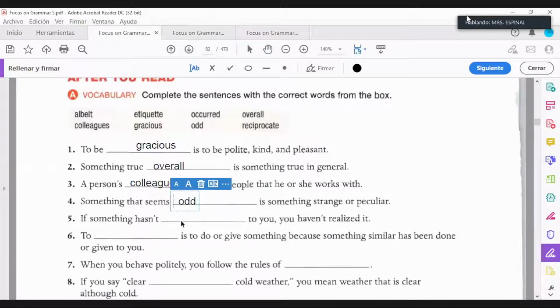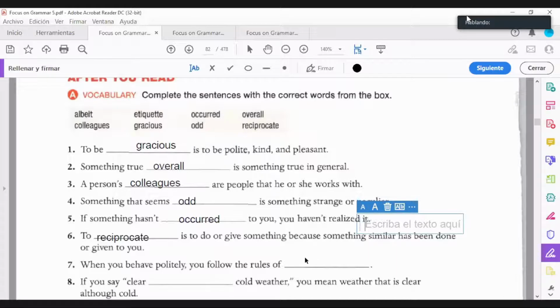If something hasn't occurred to you, you haven't thought of it. Occurred. To reciprocate is to do or give something because something similar has been done or given to you. Reciprocate. Okay. When you behave politely, you follow rules of etiquette. Etiquette. Okay.